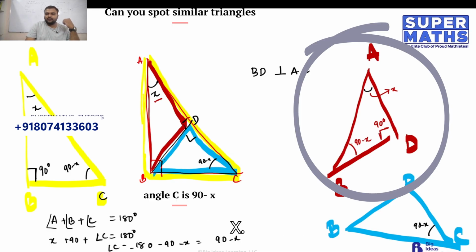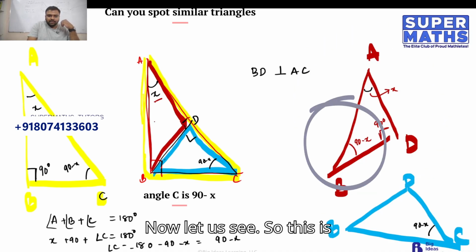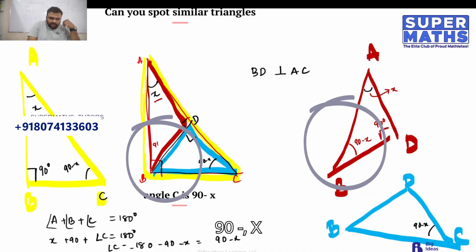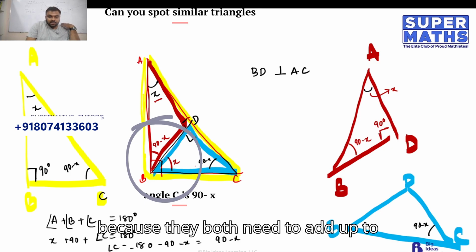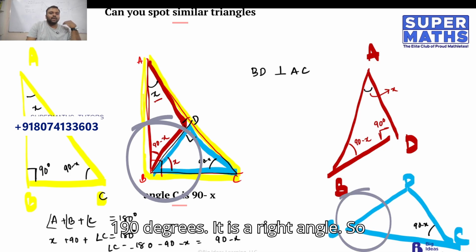This must be 90 minus X. Now let us see. If this part is 90 minus X, this part should be X, because they both need to add up to 90 degrees. It's a right angle, so this is X.